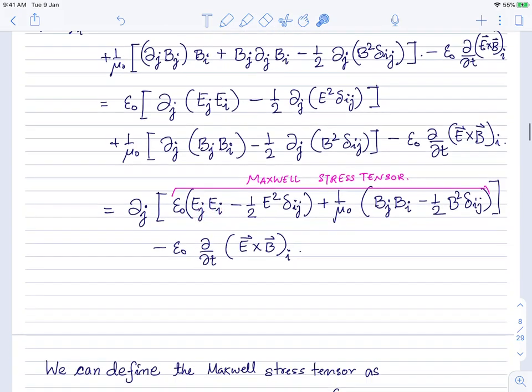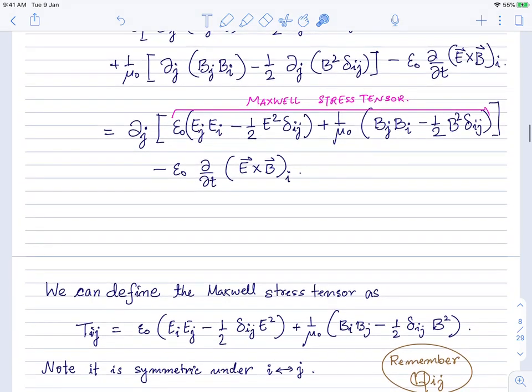You've already encountered such two-index quantities before in the form of a quadrupole moment. So these are like two vectors written side by side in some sense of the word. As you can see, the two vectors E and E are written side by side. Again, you can have other structures as well in the form of the Kronecker delta Ij. So it's a two-indexed quantity, and this quantity out here has a name.